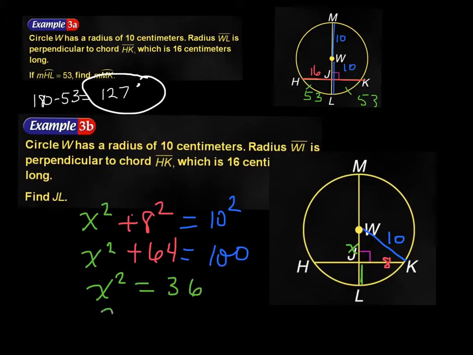Should be pretty familiar. So we get x is 6. Then again, if the whole radius was 10, 10 minus 6 gives us 4 for our JL. And of course, they gave us units, so we should use them: 4 centimeters.